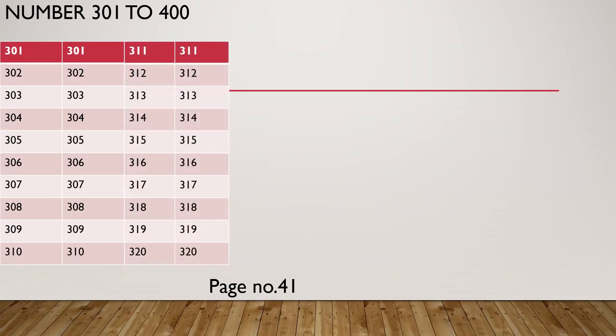Next row is 311, 311, 312, 312, 313, 313.